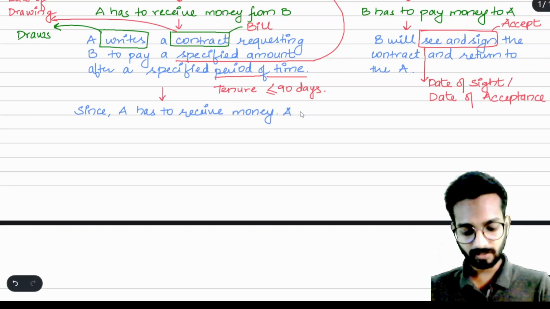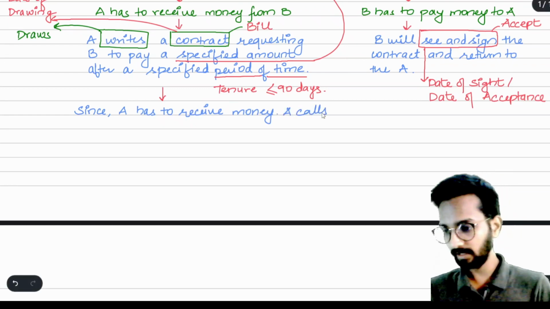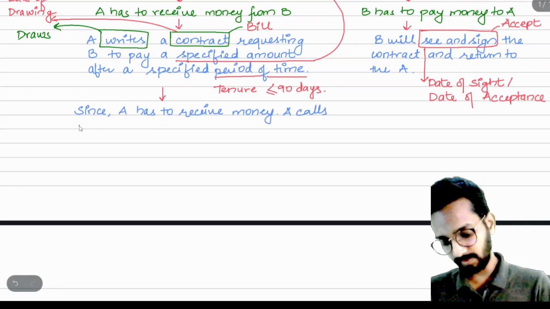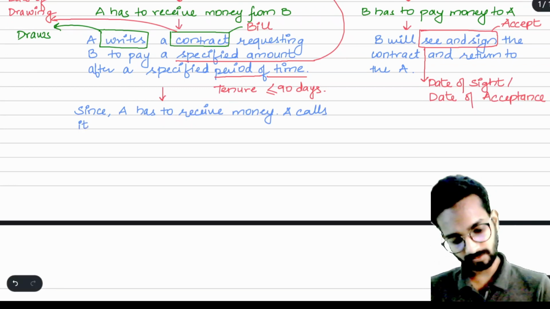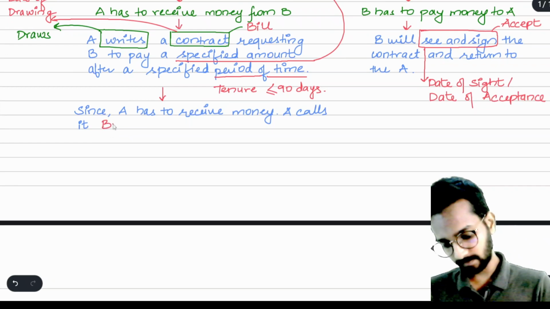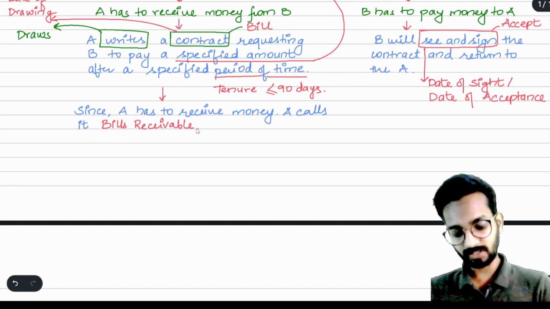So A calls that bill bills receivable. A calls it bills receivable.